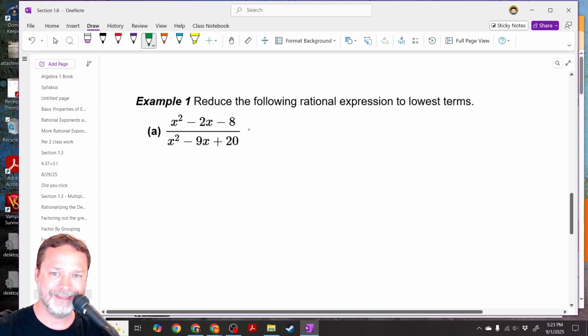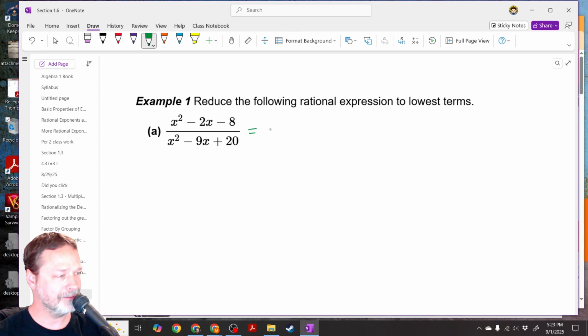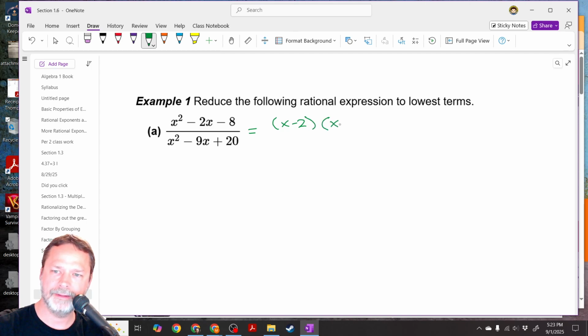Here we have one that is not factored. So we need to factor it so we can see if this is reduced or not. I'm going to go ahead and factor the top. Let me see here. 2 times 4 is 8. X minus 2, x minus 4?